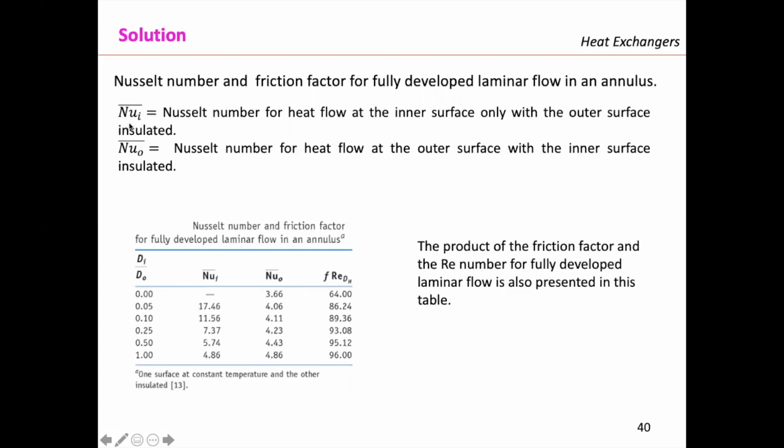We are reading Nu_i because it's the inner surface we are evaluating. Imagine the water is here in the little circular cross-sectional area and the oil comes here in the annular area. So it's the inner, assuming the outer is insulated, because the heat transfer is occurring between the water and the oil enclosed in the annular. So Nu_i is the one that we are reading.